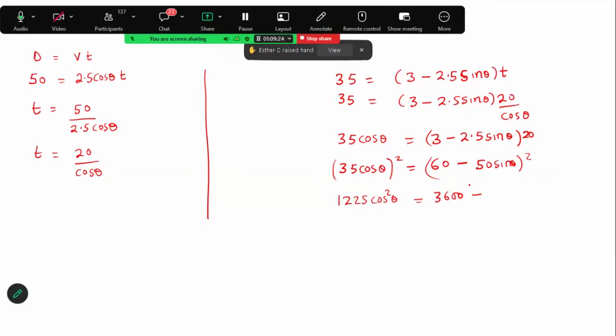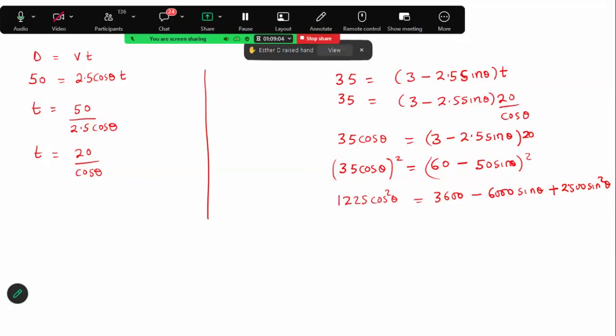Then minus, you have 60 times 50 times 2, which is going to give us 6,000 sine of theta. Then that is plus 50 squared, which is going to give us 2,500 sine squared theta.